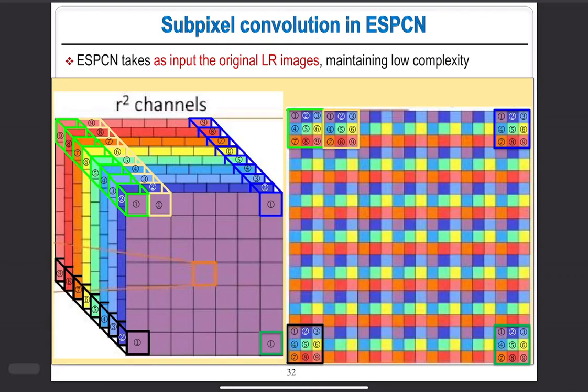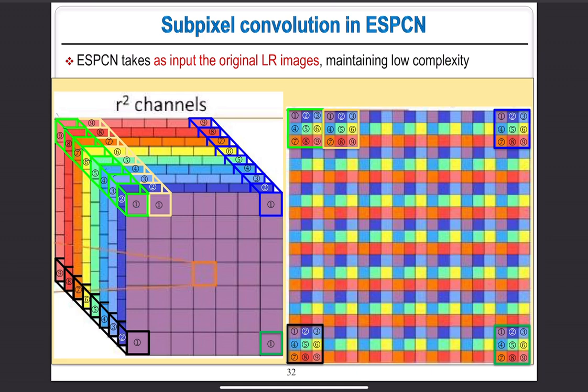And also, this slide is an illustration of the pixel shuffle layer, sub-pixel convolution. We can see an example of how sub-pixel rearrangement transforms the LR feature maps into a HR image. Each colored cell represents a different channel in the feature map. These cells are reorganized spatially to form the high-resolution output.